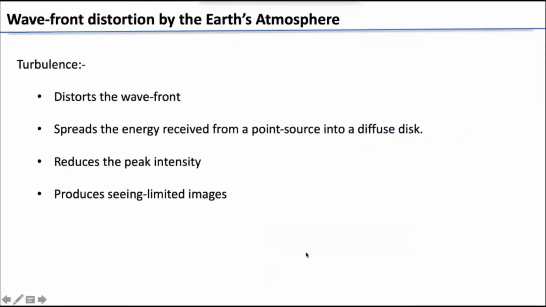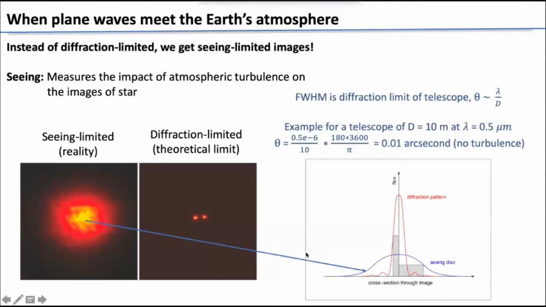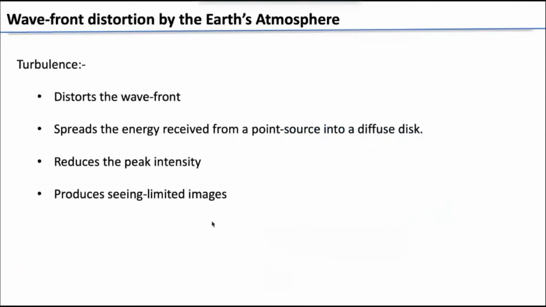Forget about that, because I'm not talking about the angular size of the seeing limited image. All you need to know is that we expect this, and what we get is this. And how do we basically go back to this? That's what I'm trying to say.